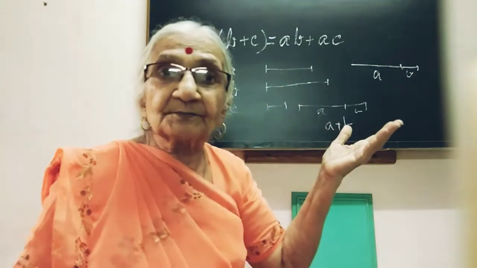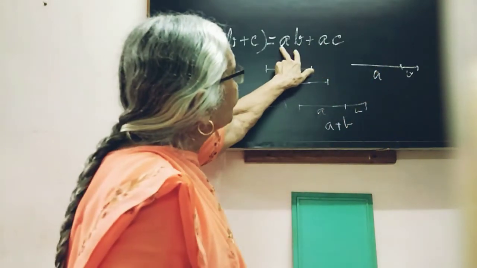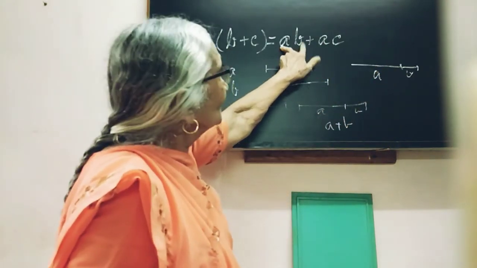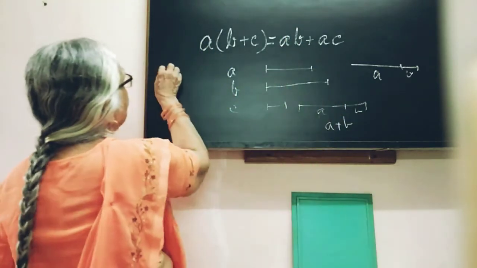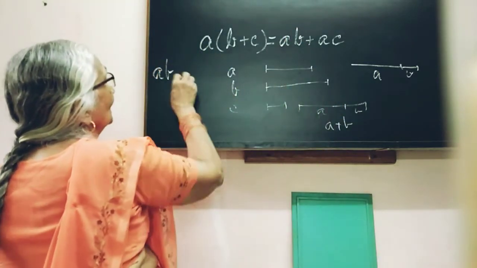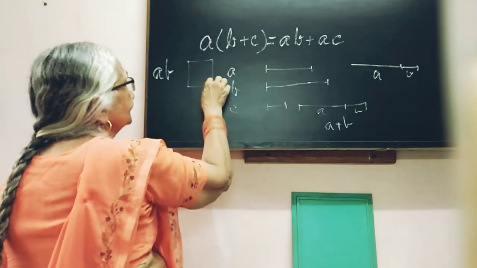Now, what about the product? The product is not linear, so we take areas. For a product AB, we take a rectangle.